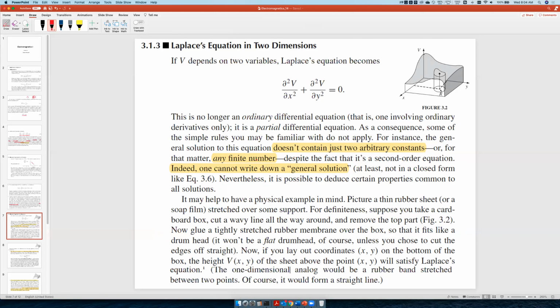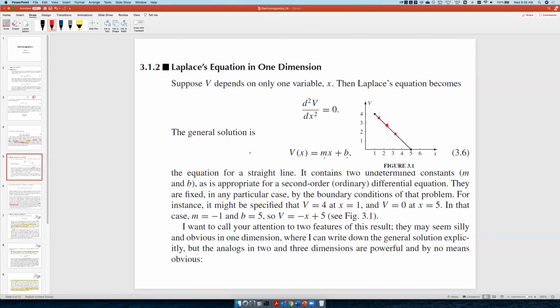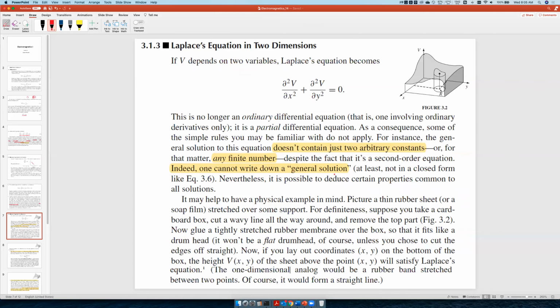Actually, we cannot write down a general solution for the two-dimensional Laplace equation, at least not in a closed form like equation 3.6, which is shown here, which is a line formula.